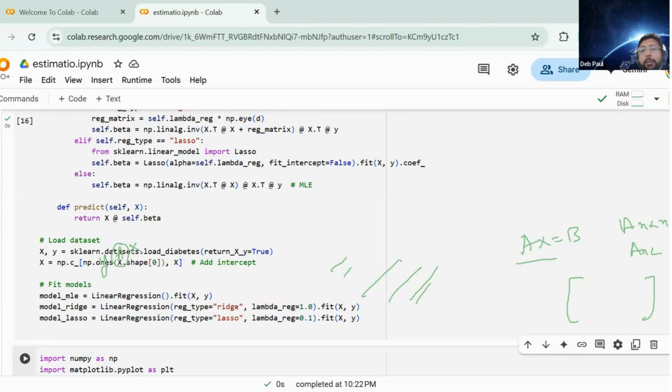The problem is that this a might not lie here because there is no exact solution to your y. So we have the estimator.